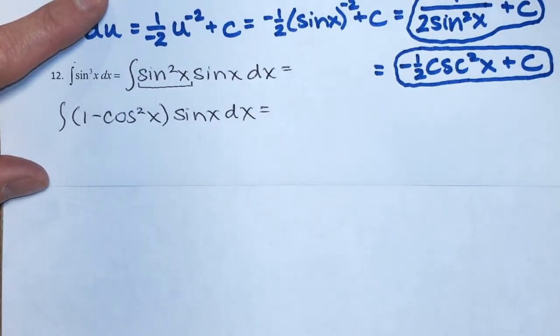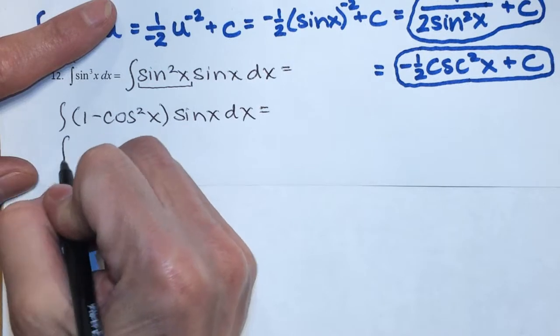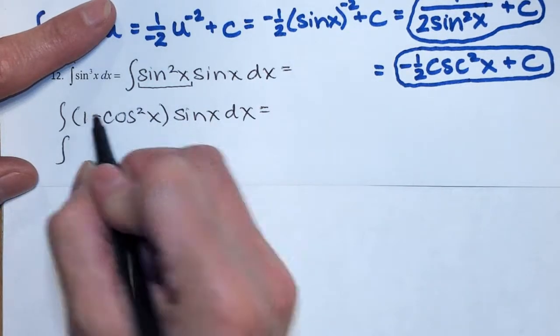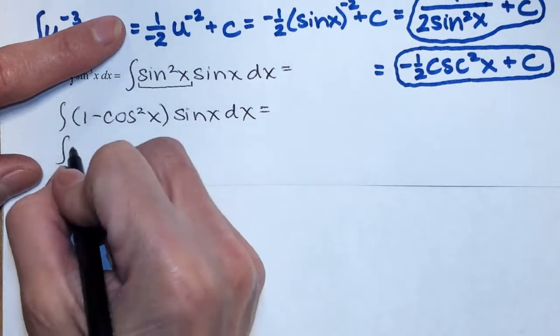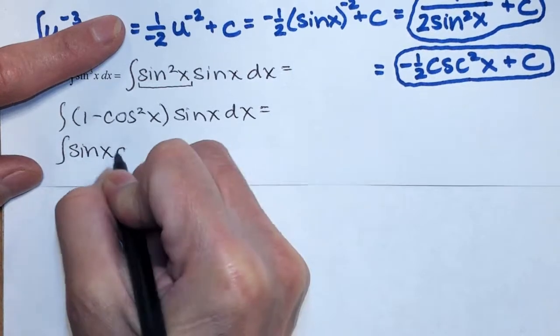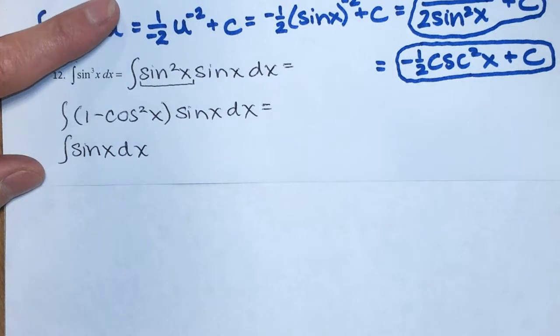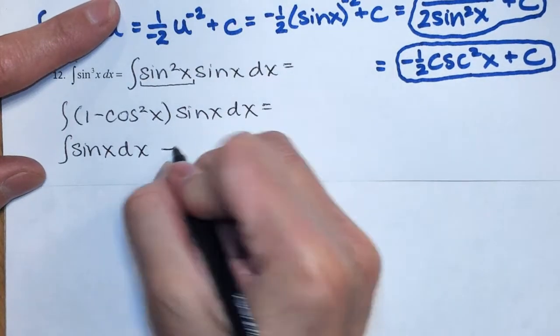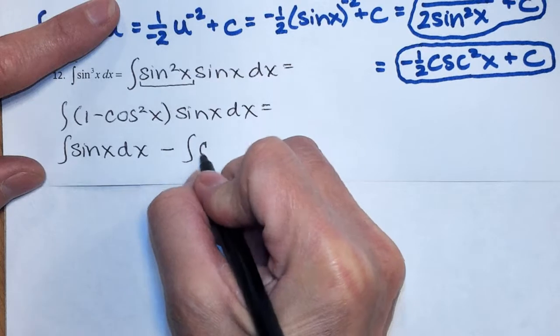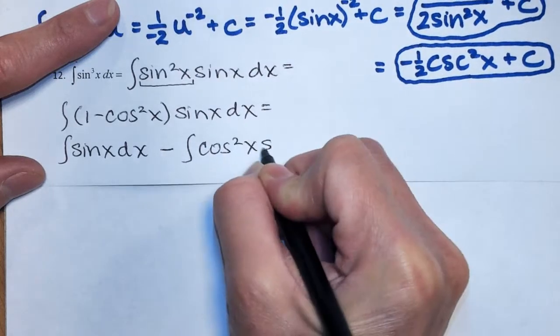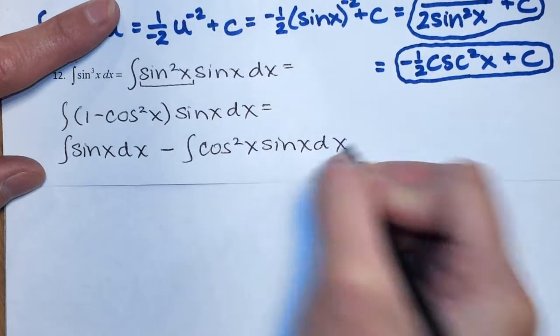So this looks complicated, but it actually turns into two very simple integrals if I multiply it out. So when I multiply it out, I'm going to get 1 times sine x dx, and I'm going to write this as two separate integrals. And then I'm going to get minus cosine squared x times sine x dx.